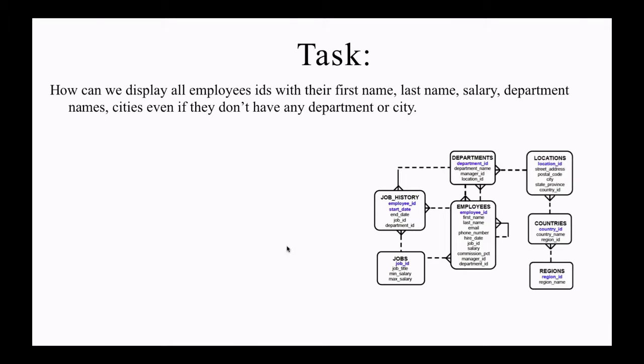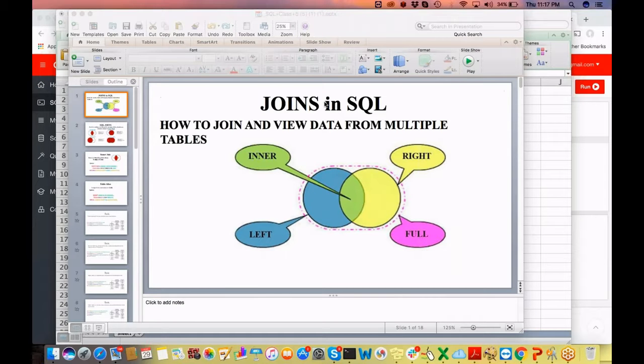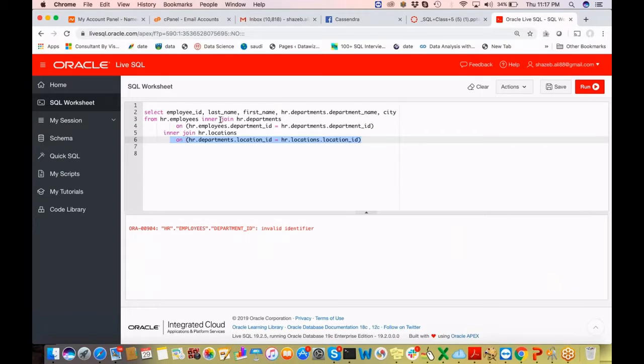So let's go back to the question. So we already have this employee ID, first name, last name, city, departments, and name, and we have the city. We're currently using an inner join.